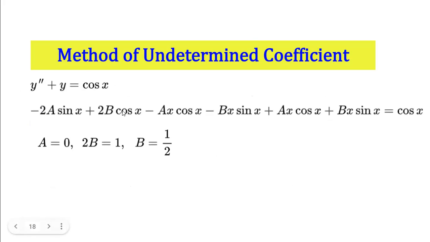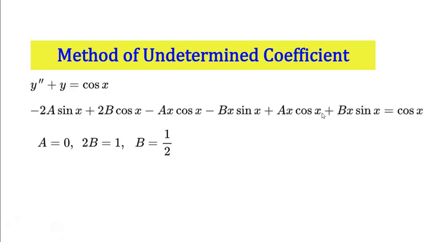But b is attached to cos. So we're having 2b cos x. On the right-hand side we have cos x, so we don't have any x here. We are only equating the value with cos to be equal to 1.